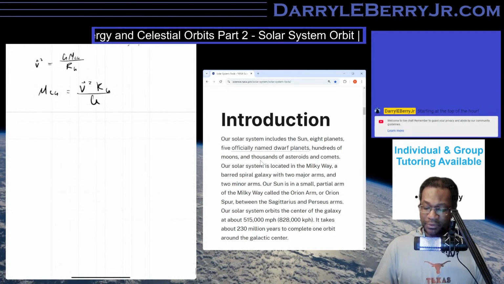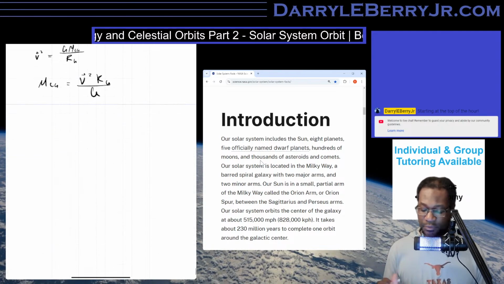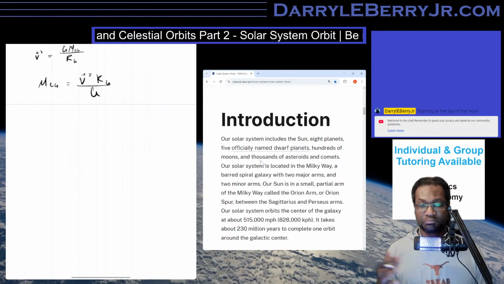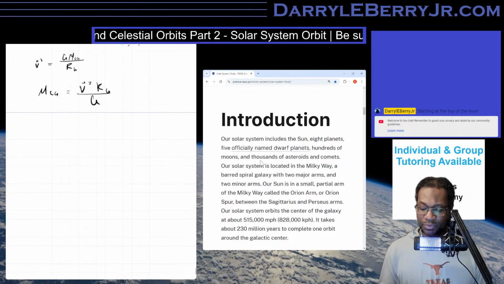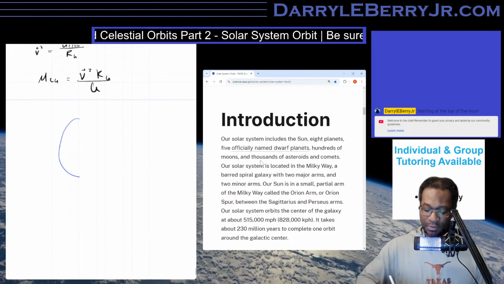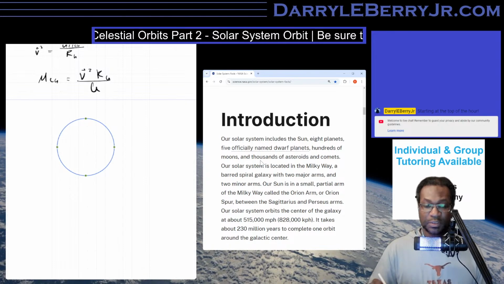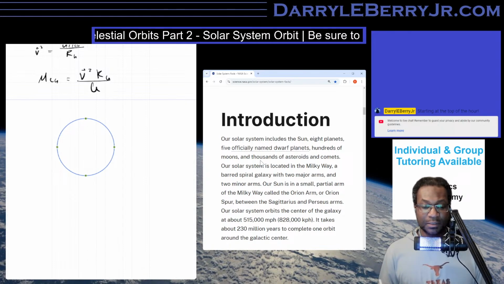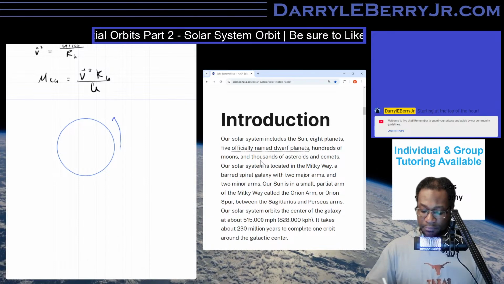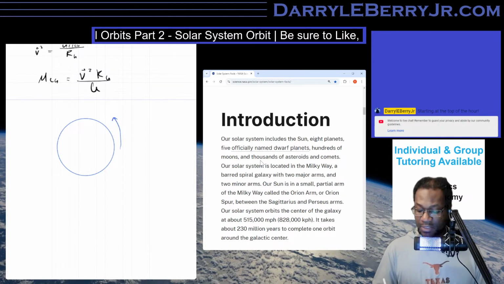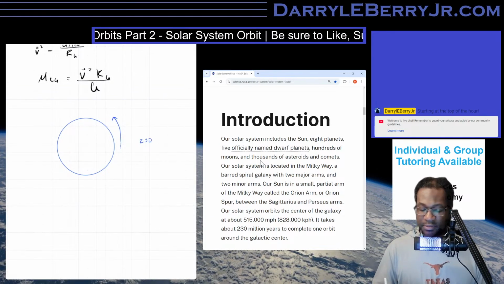And let's work out the radius, so we can actually use geometry. Basically we have a circle. The period, or the time frame, is 230 million years.